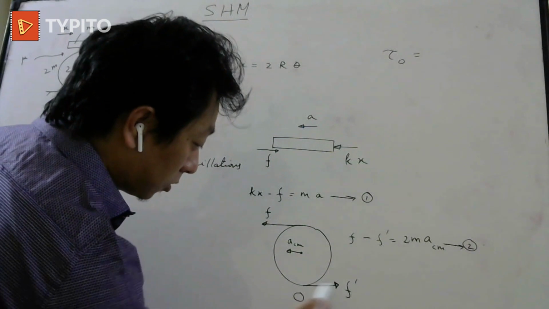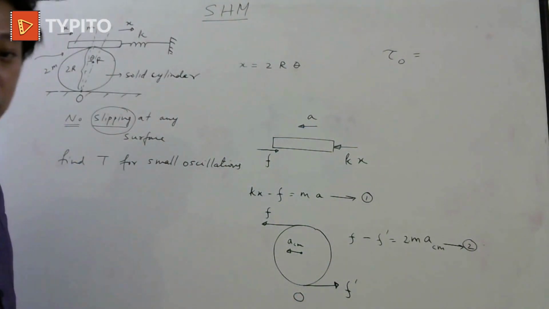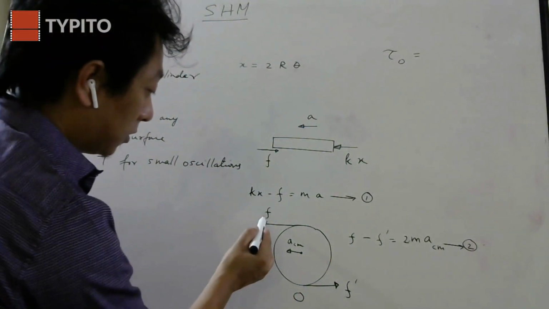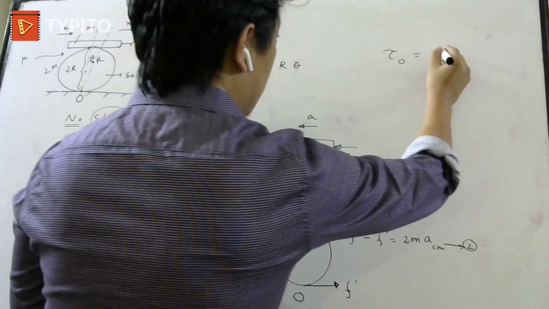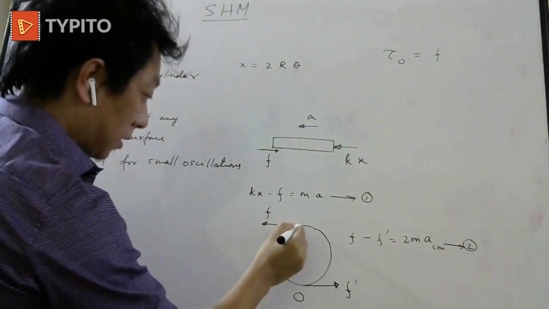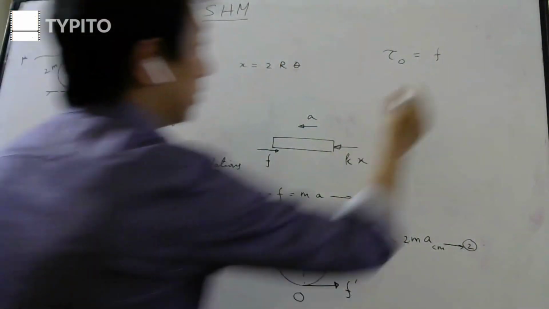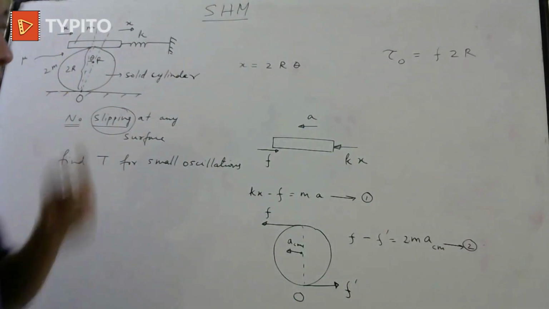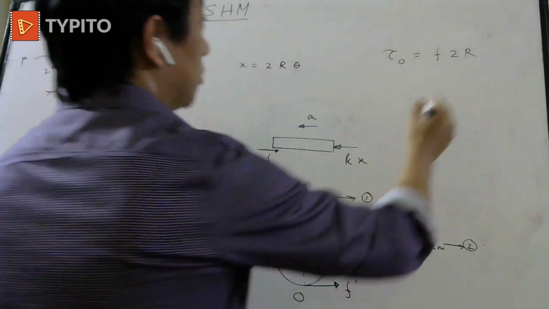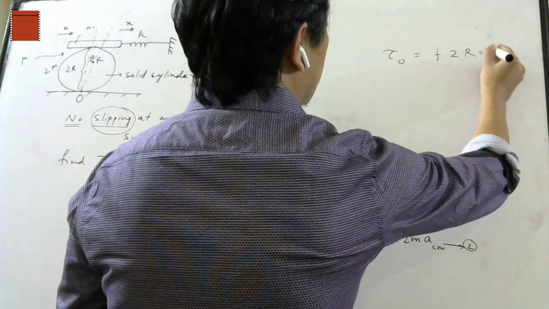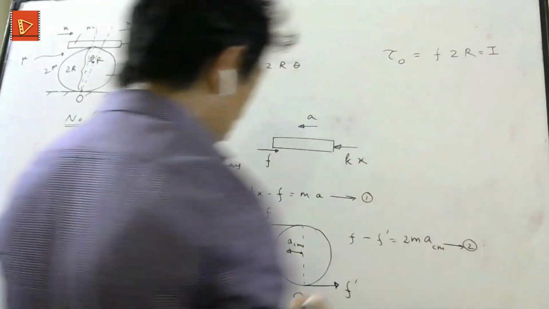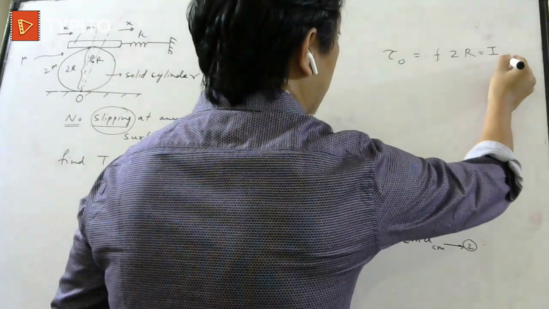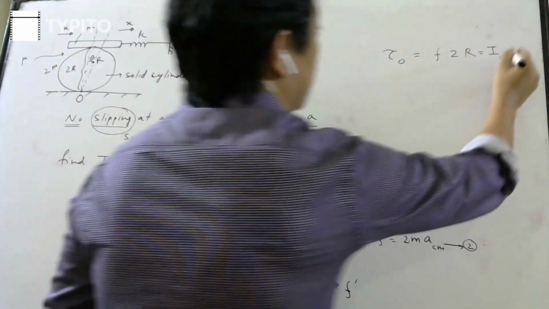This friction is also passing through this point, so that will not create torque. So the only force left is this F. So it will be F into R perpendicular. This will be your R perpendicular, which is 2R, right? So that is the torque, and that torque should be equal to moment of inertia about O, because you are calculating torque about O, times alpha.